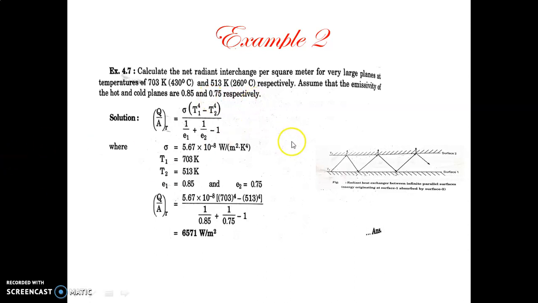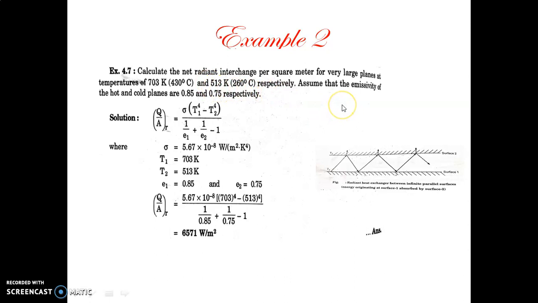So we have two parallel planes, like this. Suppose we assume T1 is higher, that is 703 Kelvin, and the second surface, T2, has 513 Kelvin.